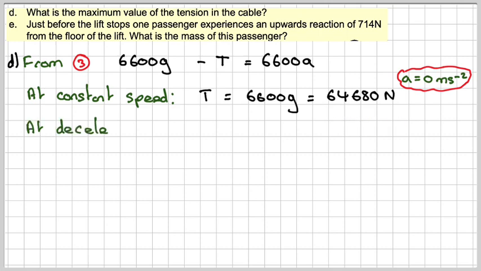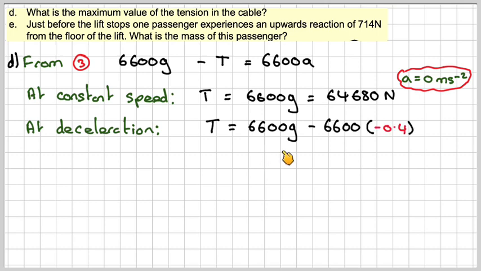And then at deceleration, we'll just put our value of a into here. We're going to get that T is going to be 6,600g minus 6,600 times −0.4, which will give me 67,320 newtons. This will be the maximum tension.